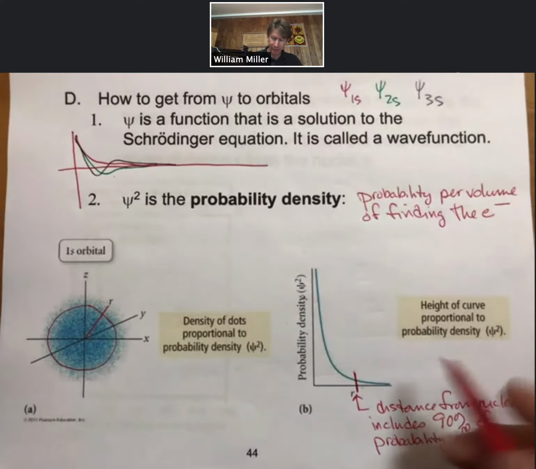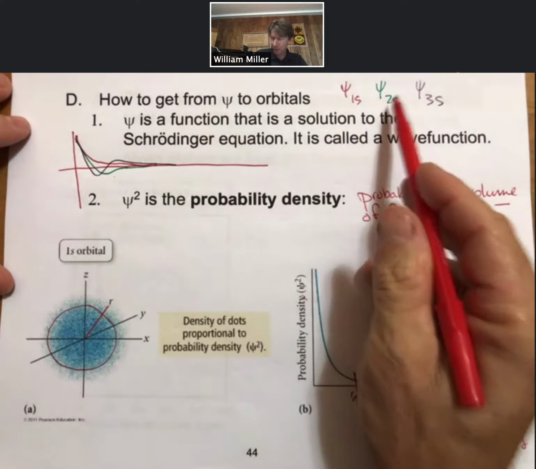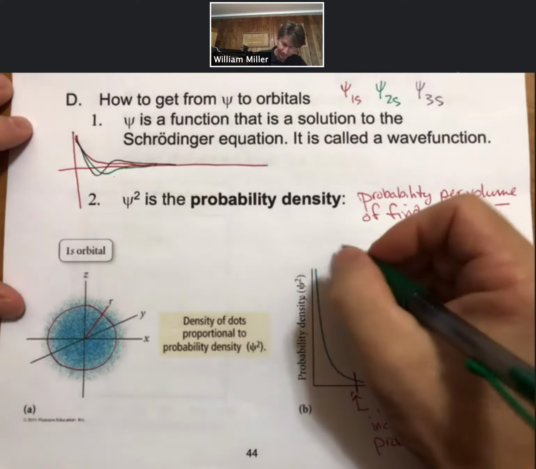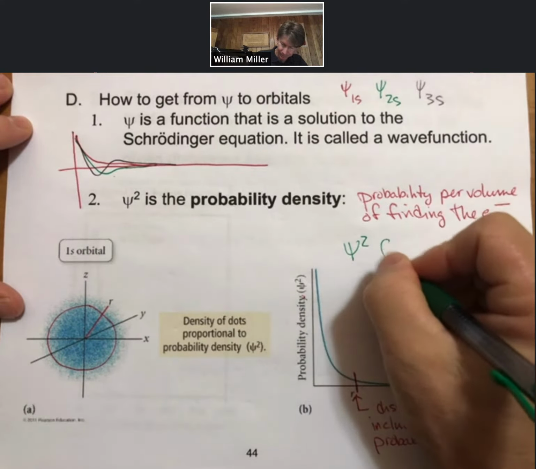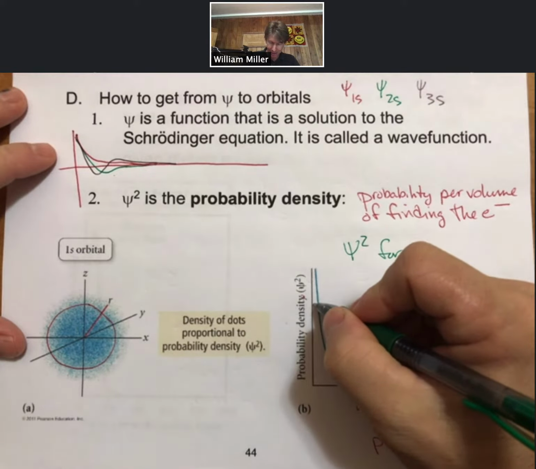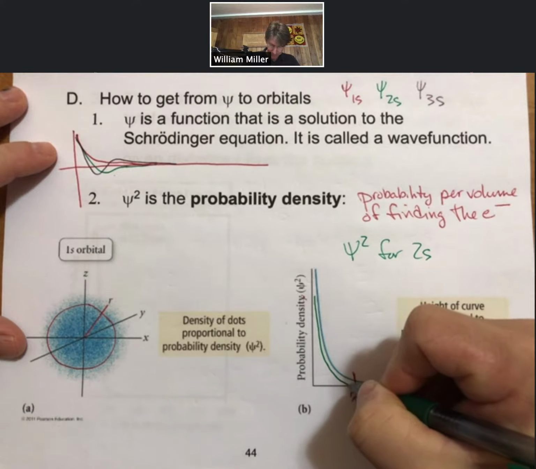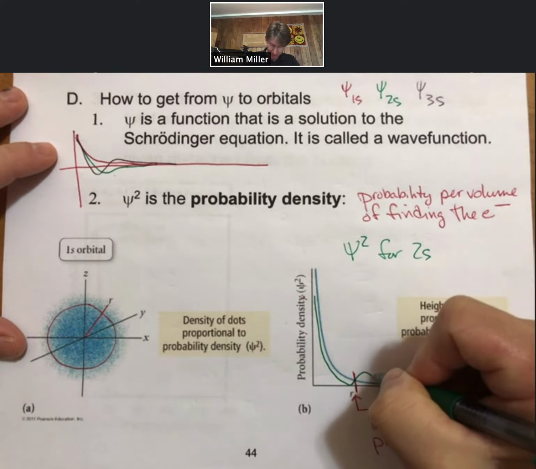And if we were to do this, the probability density for 2s, so the probability density would come down, touch, come up, and go down.